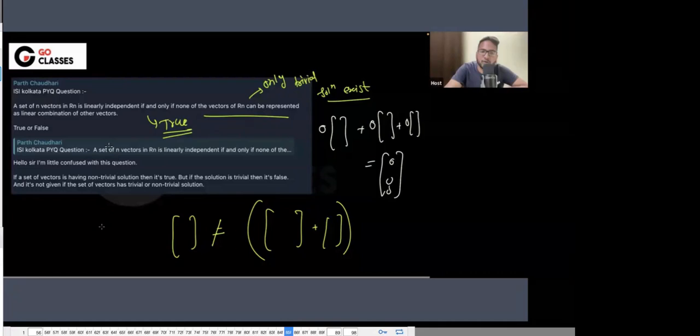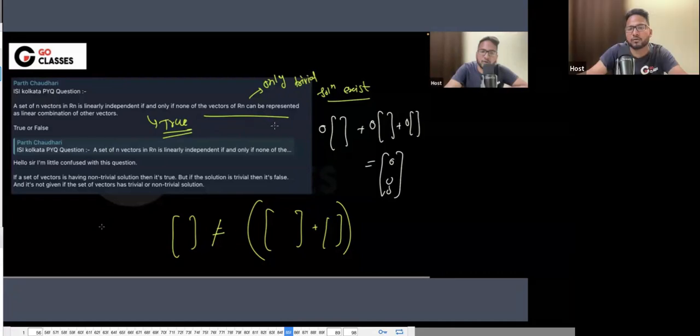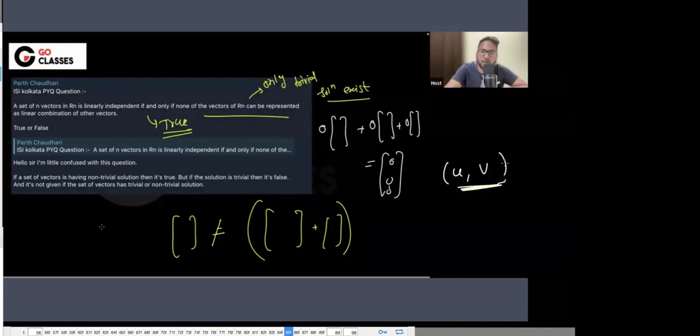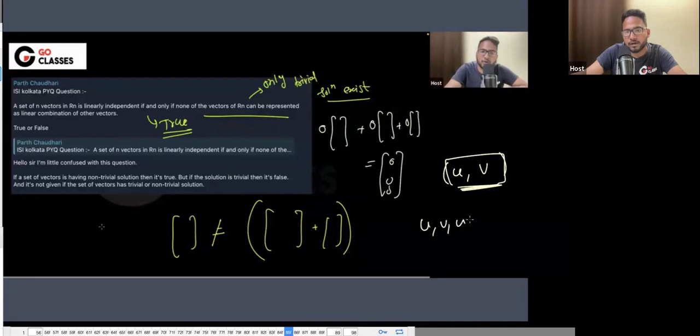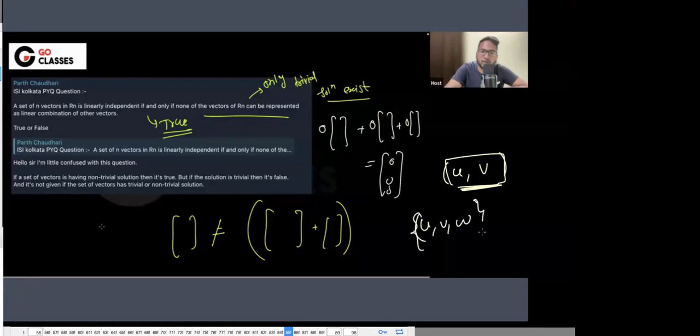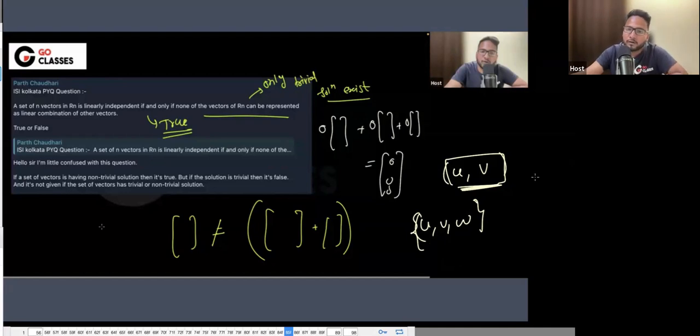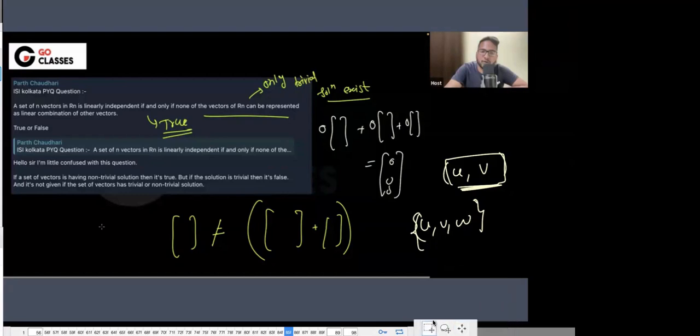What if it is a multiple of another vector instead of a linear combination? If multiple means, there will be just two vectors, U and V. Let's say we have three, U, V, W. According to this explanation, let's say we can't write U as a linear combination of V and W, or V as a linear combination of U and W. But what if V is a multiple of W?